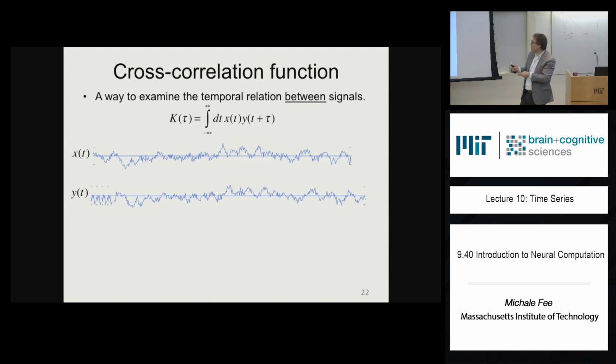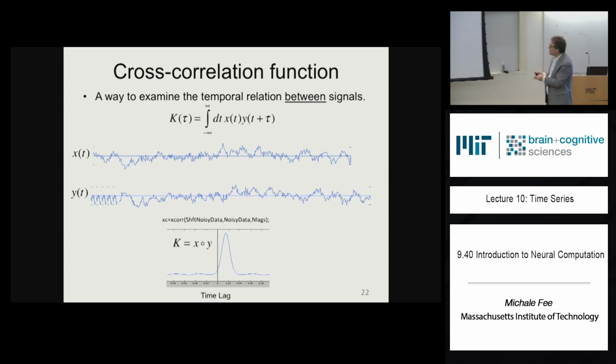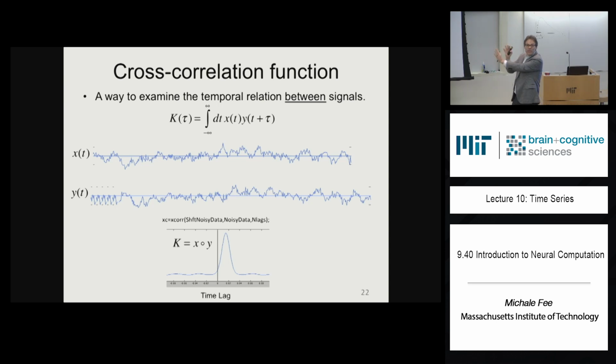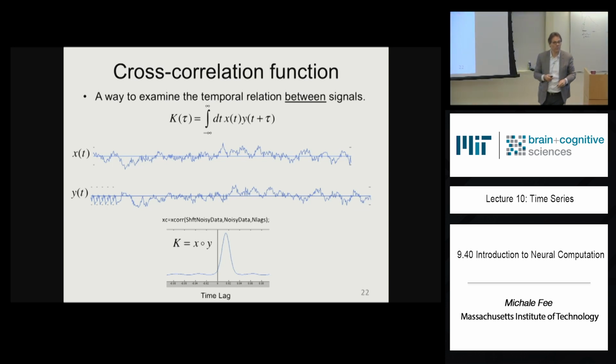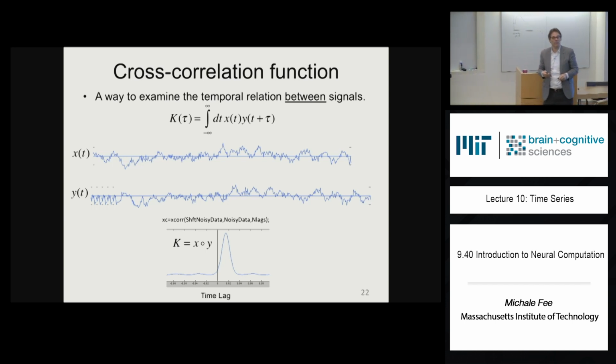And all of that adds up to give you that positive peak right there. But when they're shifted, all of those magical alignments of positive with positive and negative with negative go away. And it just becomes, on average, random. And random things have zero correlation with each other. Okay?